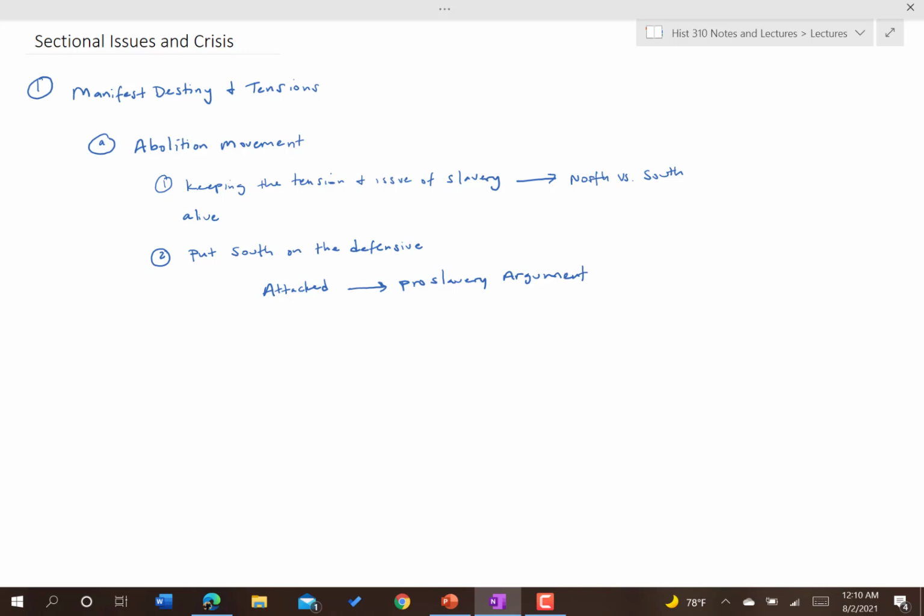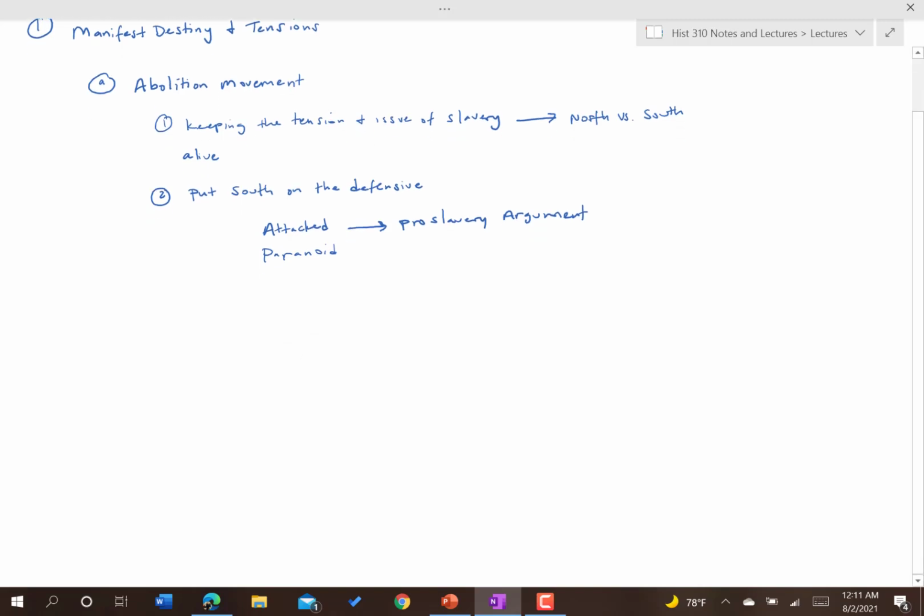This also made them more paranoid, with the idea that the North was out to get them. We see this when we look at South Carolina's Edict of Secession in Voices of Freedom. The way they talk about it has that paranoid sense that the North is out to get us and their whole purpose is to destroy us.